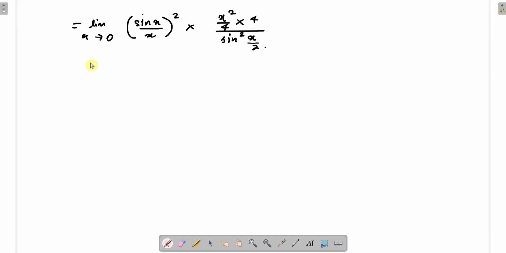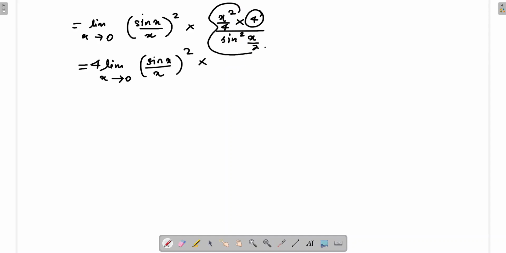So this will be equal to limit x tends to 0 of (sine x divided by x) the whole square multiplied by, now this 4 which is there, we can take it out. So we will write it here, and this we will write as (x by 2 divided by sine x by 2) the whole square.